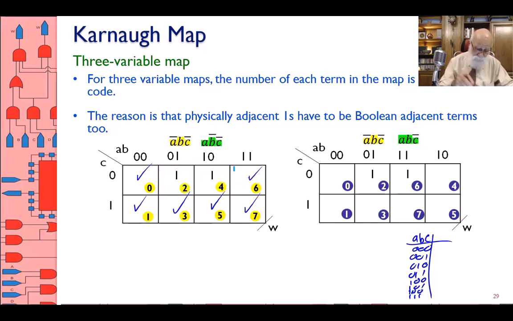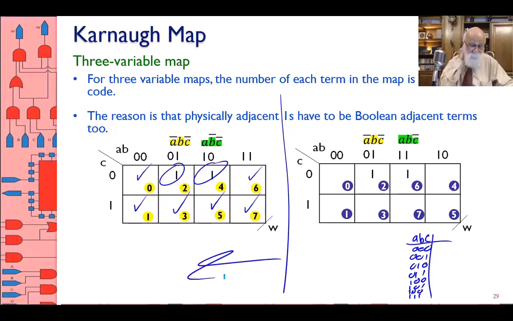Independent. This and this. Don't look at the right hand side, look at the left hand side only. These two appear adjacent because they're along the same row. Okay, good. So they must be Boolean adjacent as well.